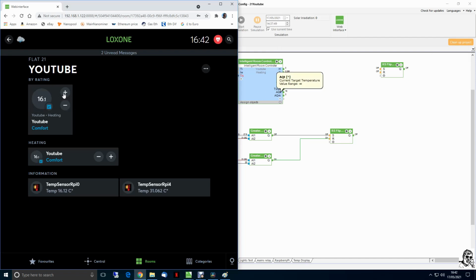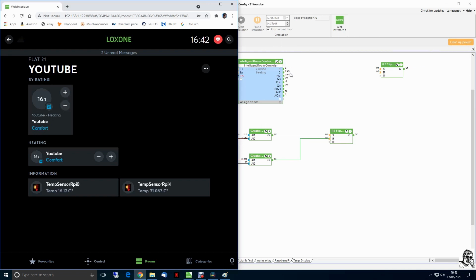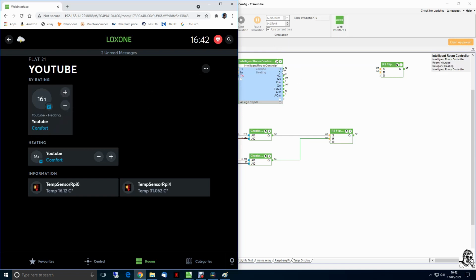If we increase the comfort temperature, the heating output will change from 0 up to 10. At 16 degrees we have cooling. If you have an AC, you can use that one for turning on the AC if you want. But for the moment we're increasing the comfort temperature, for example to 17, and then the max output is 10.